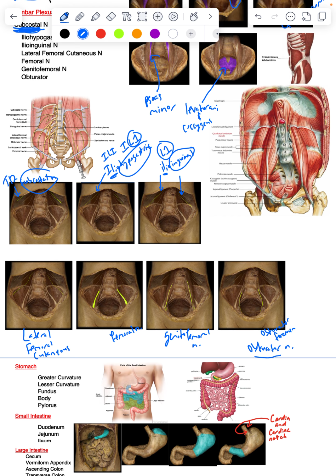Those are all lateral. So these five right here are all lateral to psoas major. This one is literally on or anterior to psoas major, and then this one is medial to psoas major.